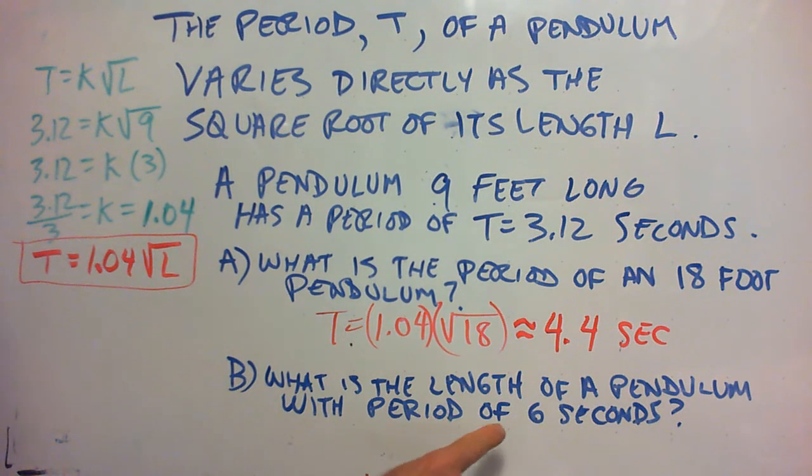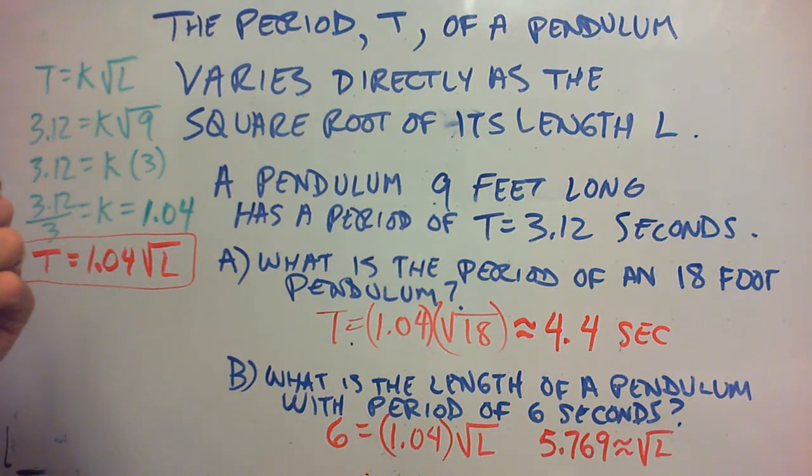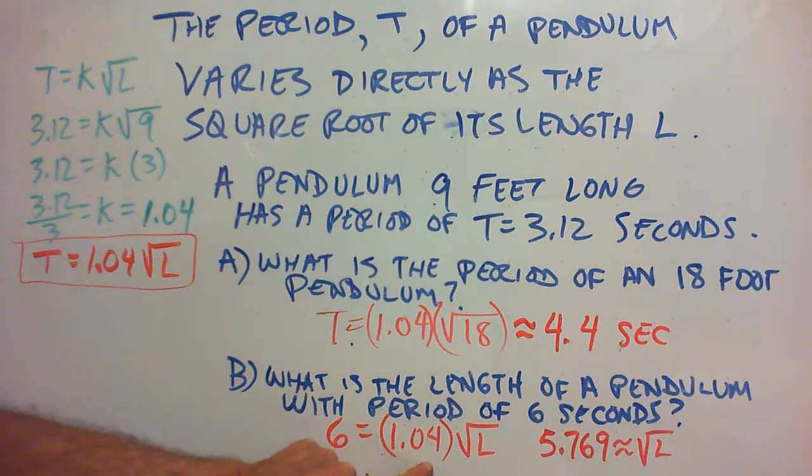Now in part B, we want to find the length given the period of the pendulum is 6 seconds. So here we're plugging 6 in for t, and we're going to solve this equation for L. After plugging in 6 for t, we divide both sides by 1.04.